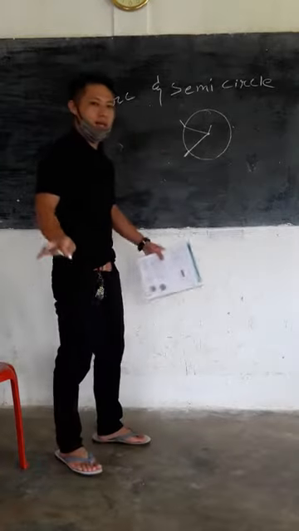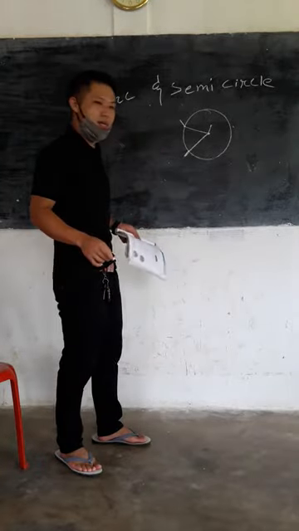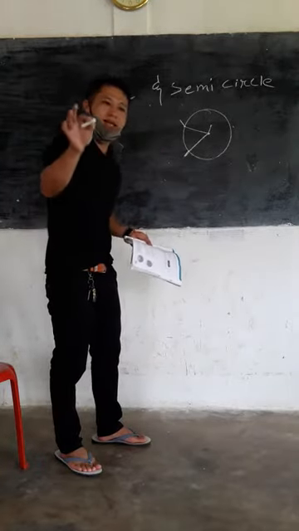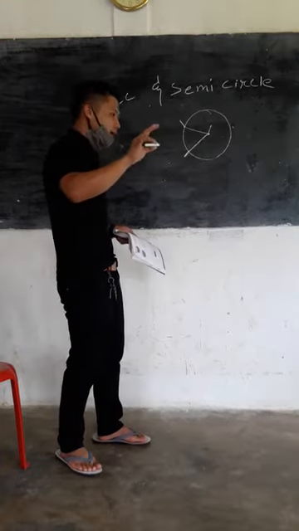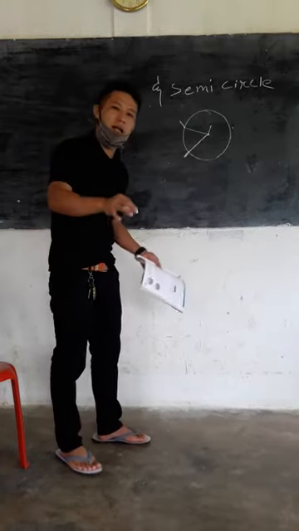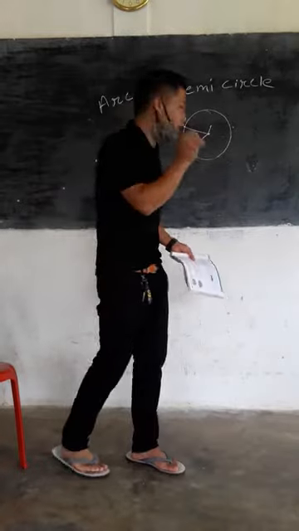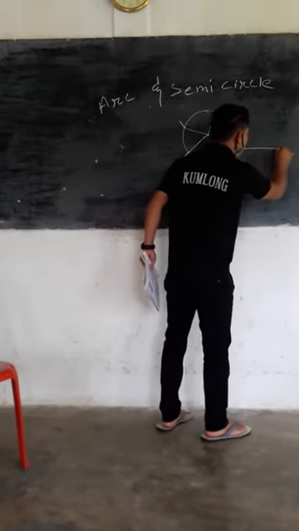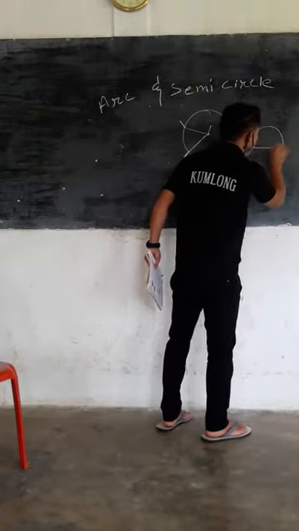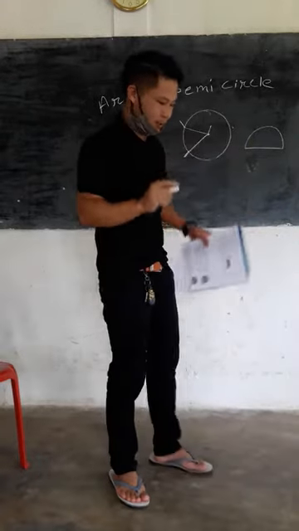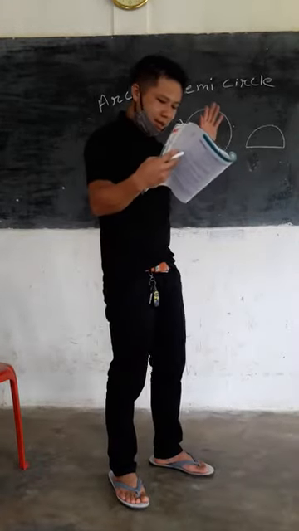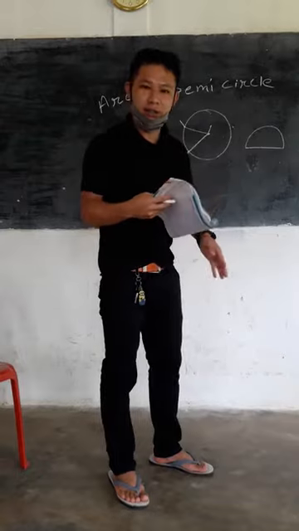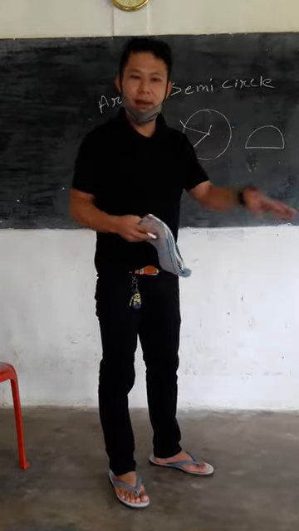Now we will be discussing semicircle. What is a semicircle? A semicircle is half of a circle. This one is known as a semicircle. A semicircle is the half of the circle divided by the diameter.